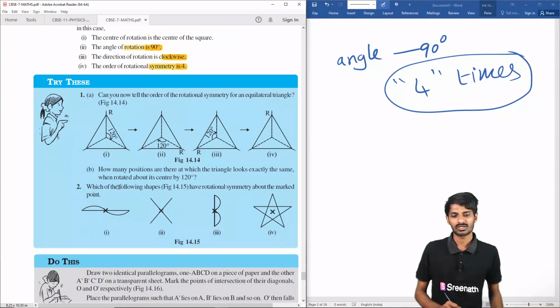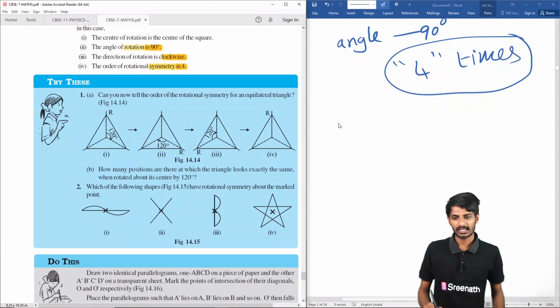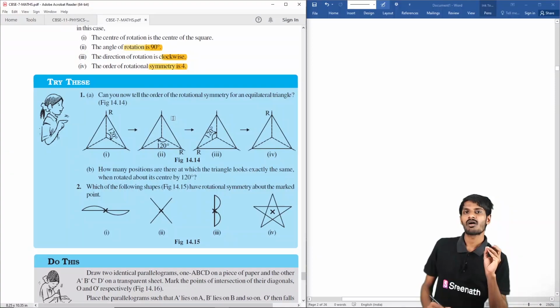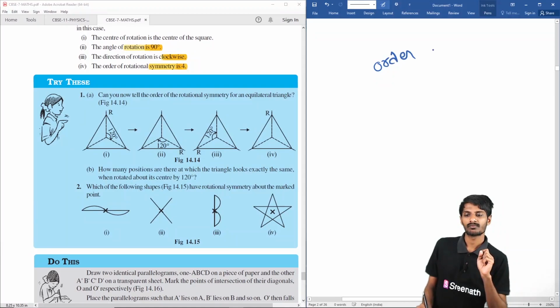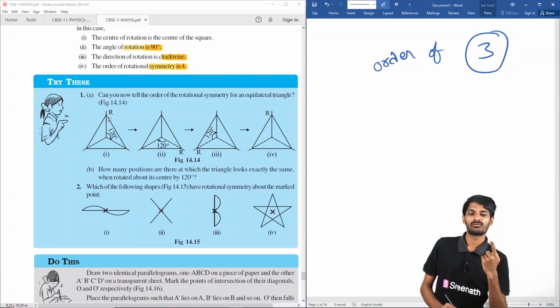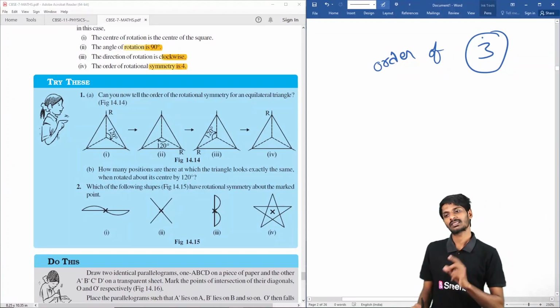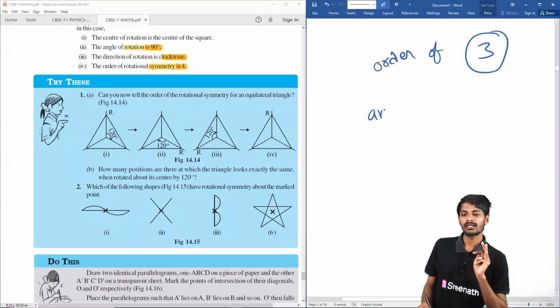Rotational symmetry order. For an equilateral triangle, what is its order of rotation? If you look at the equilateral triangle, its order of rotation is 3. So for one complete cycle, you will get the symmetry at 3 points. And what is the angle of rotation? That is 120 degrees.